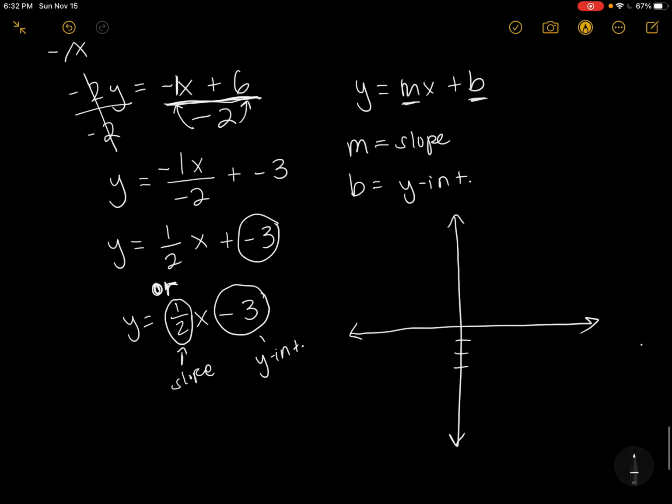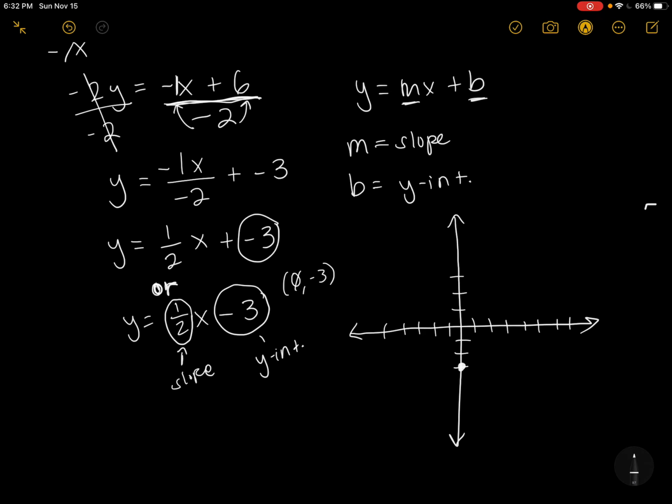So I already know 1 point, right? 1 point is (0, negative 3), because I know the y-intercept is negative 3, which means my first point lies right here on negative 3. And I know the slope is 1 over 2.